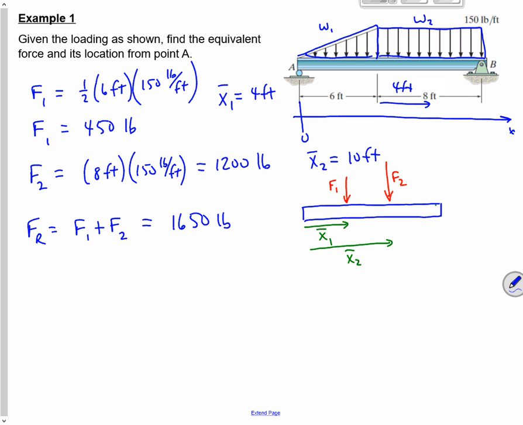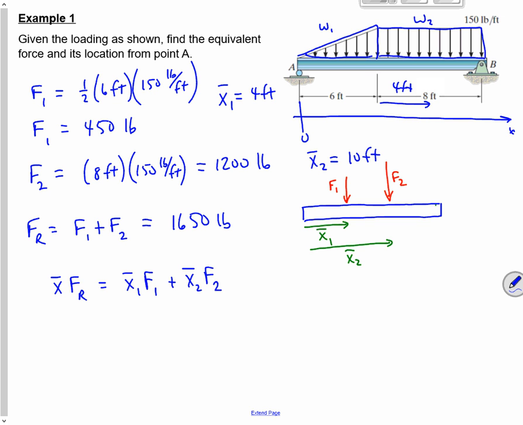Where does that need to be located? It needs to produce the same moment about A that those did. So x bar times that resultant force needs to be equal to x1 bar times F1 plus x2 bar times F2.